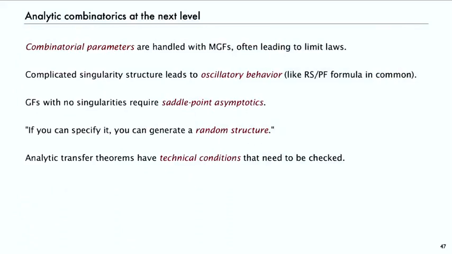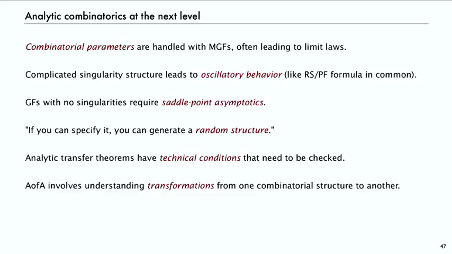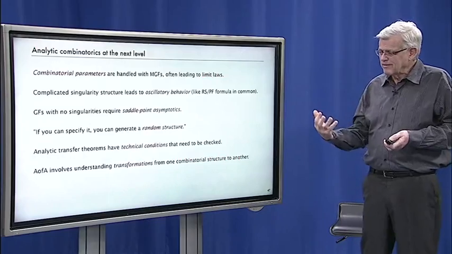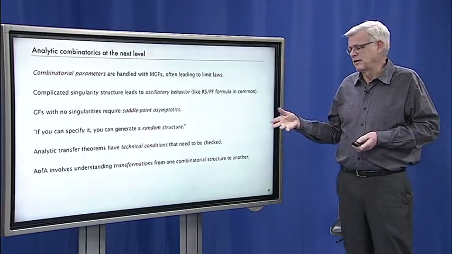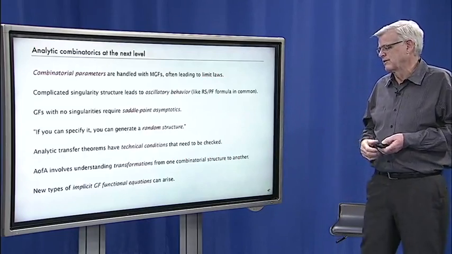As I mentioned, and I didn't discuss in detail, the analytic transfer theorems sometimes have technical conditions that need to be checked, and sometimes that's really the burden of completely solving the problem. And so we want to remove as many such conditions as possible. Another thing is that when we get into analysis of algorithms, we're often talking about programs transforming data from one combinatorial structure to another, which is a complex process that's difficult to capture, maybe even with analytic combinatorics.